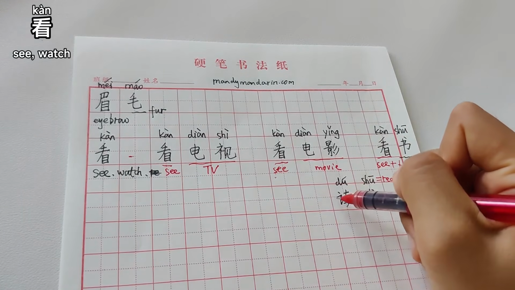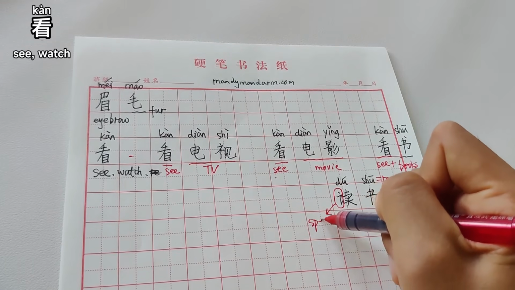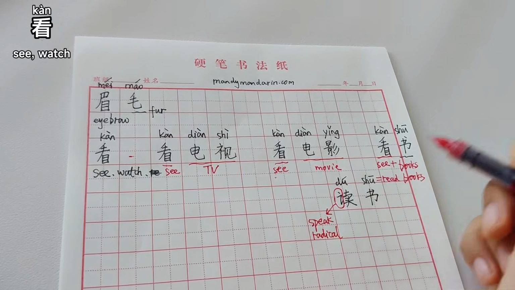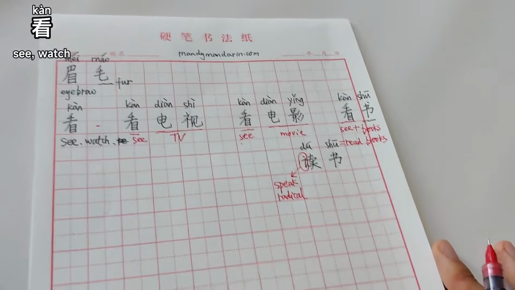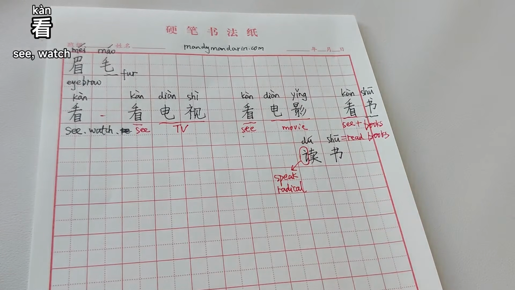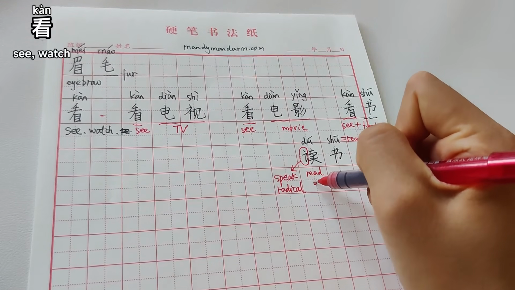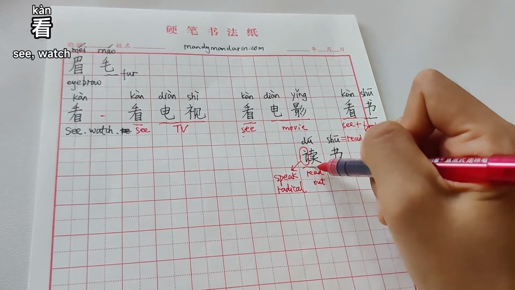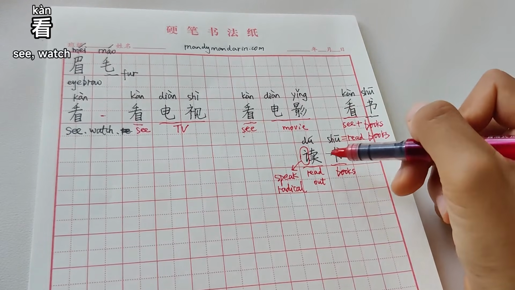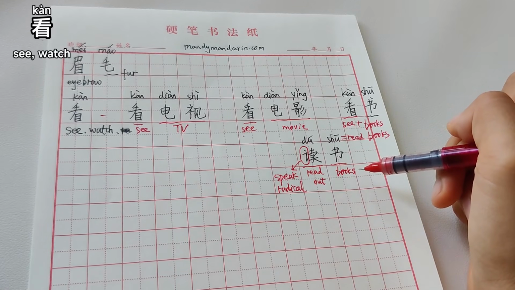As you can see on the left part of the 读, here is a speak radical here. And 读, it could mean to read out. And the 书 is the book. So 读书 means read out the books.